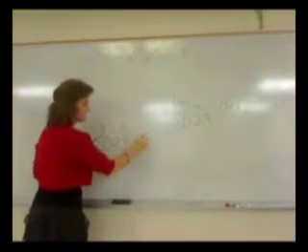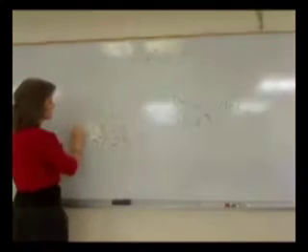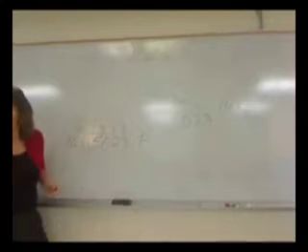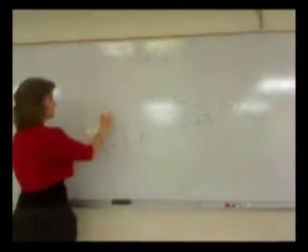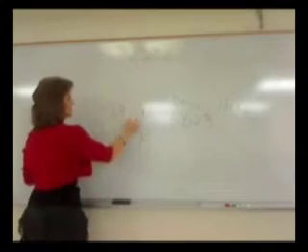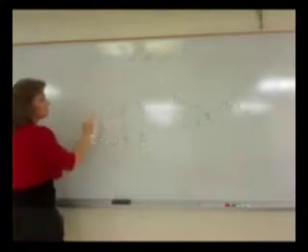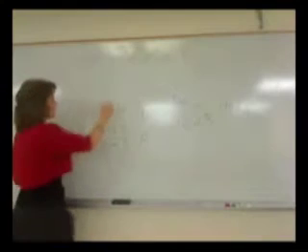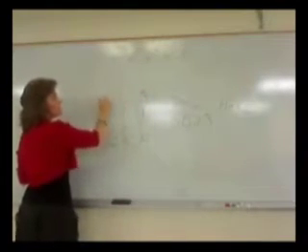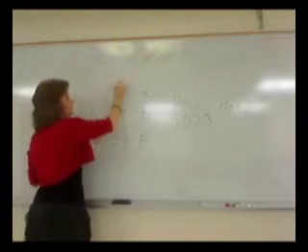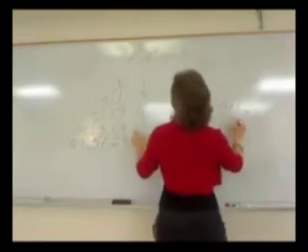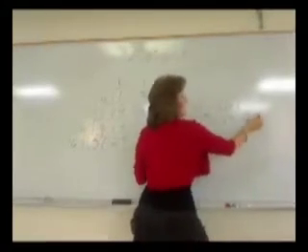Okay, and 15 is F. 16 will go into 313 19 times, with 9 left over. 16 will go into 19 one time, with 3 left over. And 16 will go into 1 zero times, with that 1. So it should be 1, 3, 9, F.